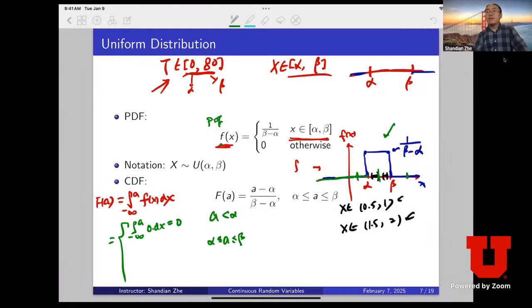So the integration up to alpha is always 0. This part is always 0. And only from alpha to a do you have a non-zero constant function. So this will be the integral from alpha to a, and this constant value is 1 over beta minus alpha, right?